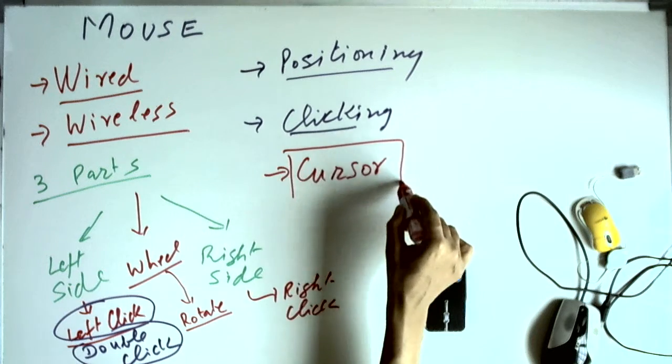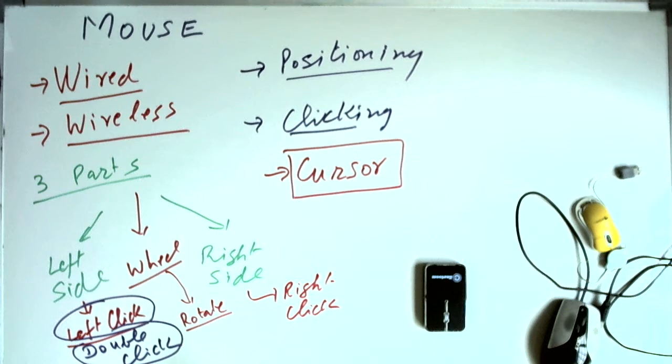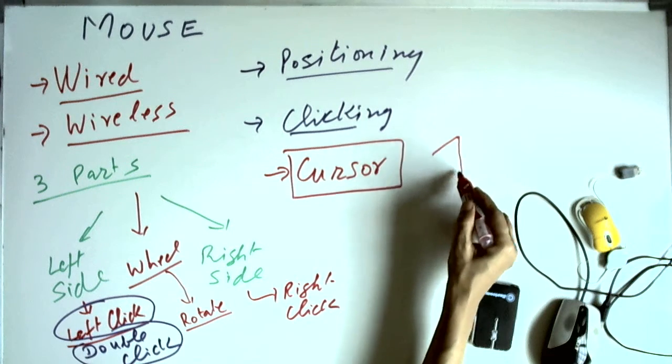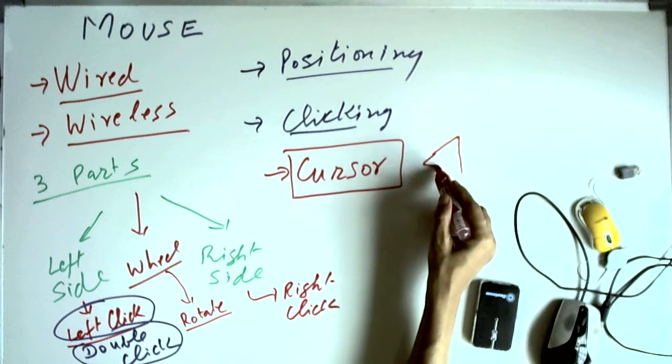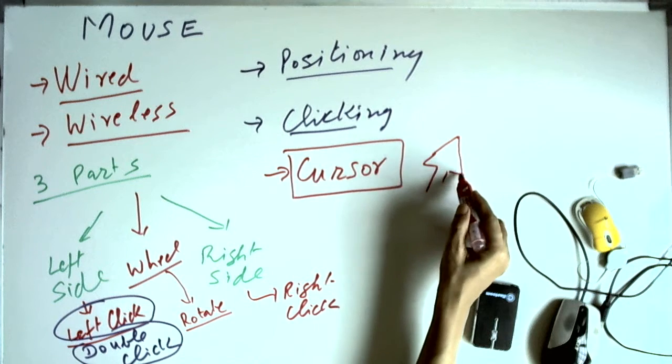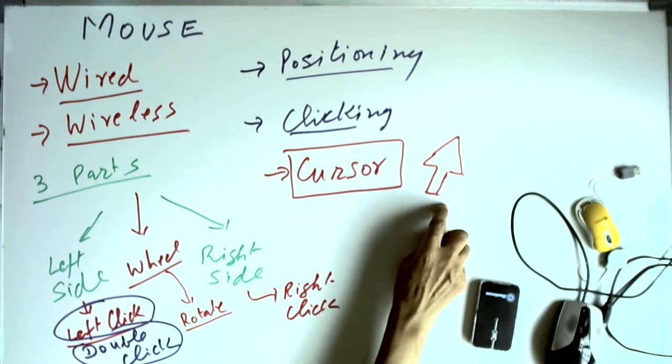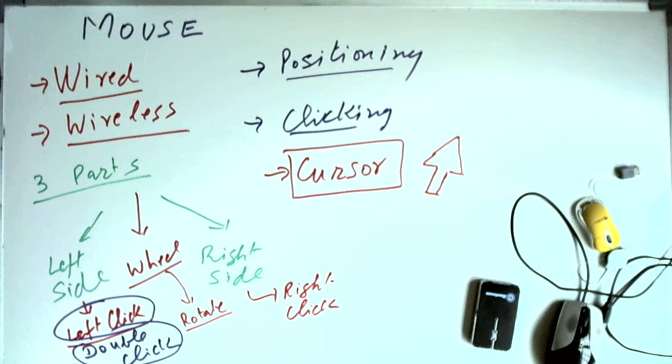So whenever you will start the computer, you will find an arrow like this shape on the screen, and this arrow is in control of the mouse. So this arrow is called cursor, and this is the arrow which is controlled by mouse.